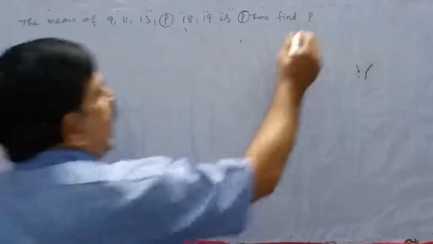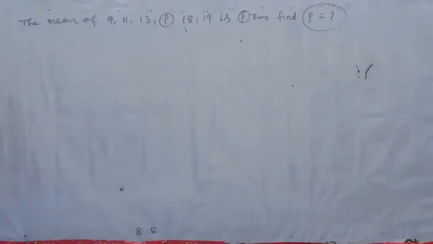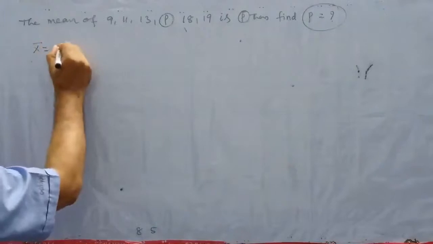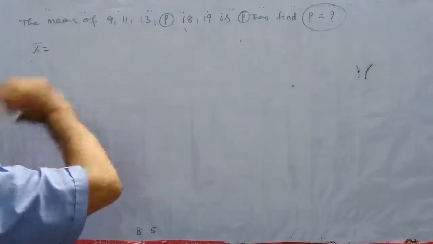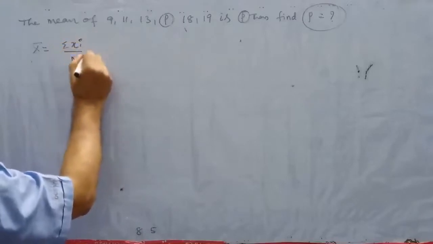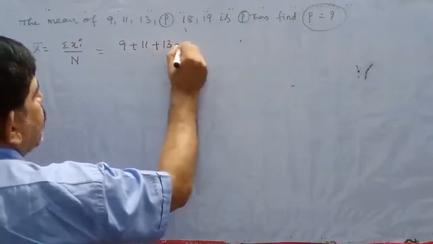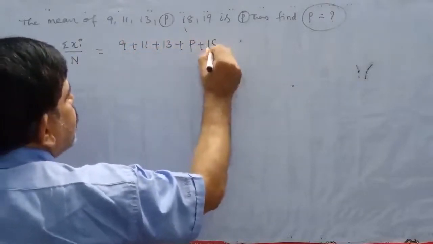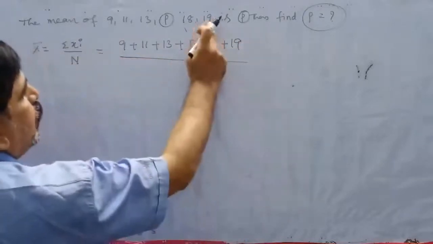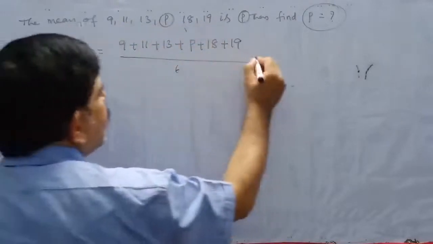Now mean x bar is equal to the sum of all observations by the number of observations. So sigma xi by n is 9 plus 11 plus 13 plus p plus 18 plus 19 by the number of observations, 1 2 3 4 5 6.